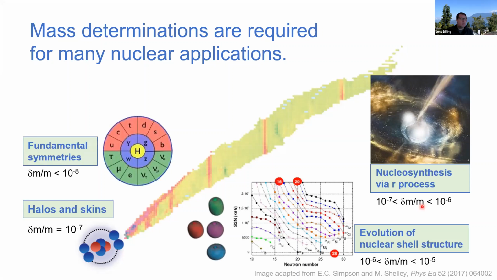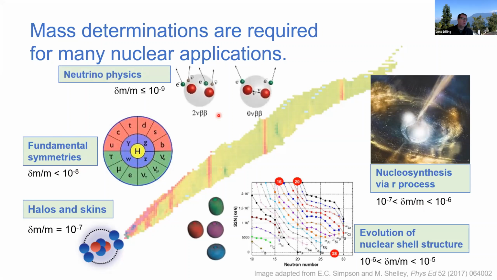And for fundamental symmetries, you need to go even further. Here I've depicted 10^-8 as the requirement. And for very special cases, let's say in neutrino physics, you need to improve that by another 1 or 2 orders of magnitude, 10^-9 relative uncertainty.